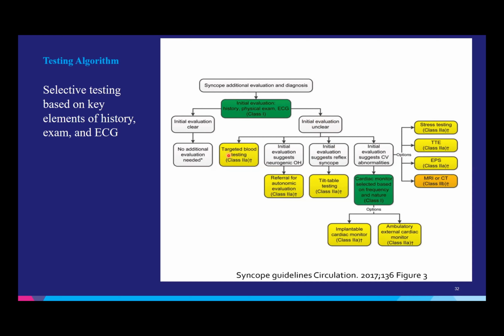If you start to notice vasovagal syncope as your leading differential, but you're not sure, or it's a very high risk patient due to occupation, you can go ahead and do other testing. And then really only with cardiovascular abnormalities, when your exam, your story and your EKG suggest it, you do the rest of the more nuanced testing.